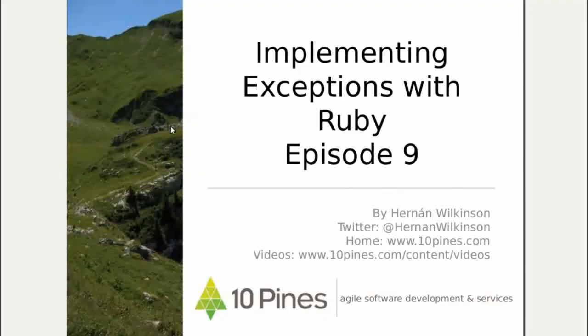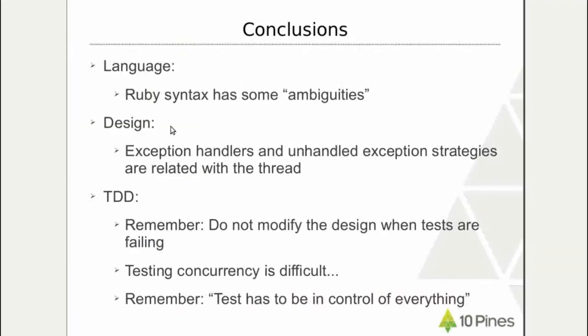So what we did in this episode is to see that from the language point of view, Ruby has some ambiguities in the syntax, or let's not say ambiguities, but you're expecting something like referencing a variable inside a method, but that variable is initialized in a closure, and because a closure also has its own execution environment, the variable is defined inside the closure and is not using the variable that you think you are defining in the method.